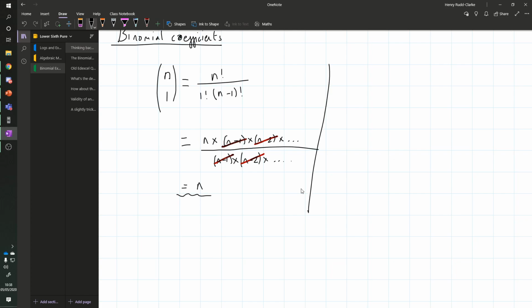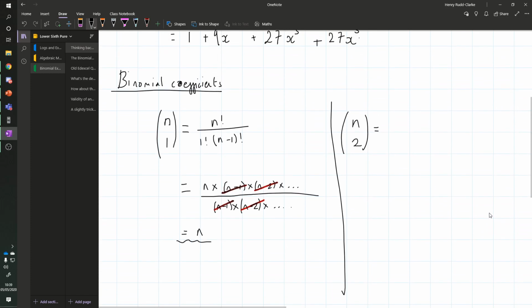So let's have a look now at n choose 2. I can do the same thing again. n choose 2 will be n factorial over 2 factorial times n minus 2 factorial.